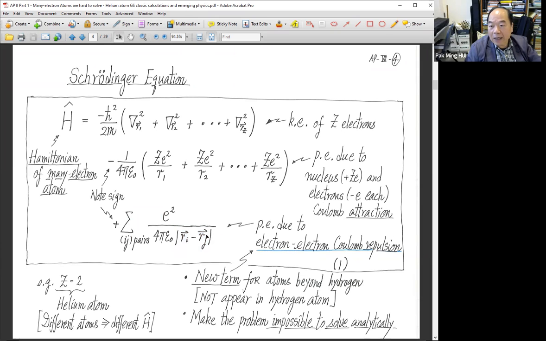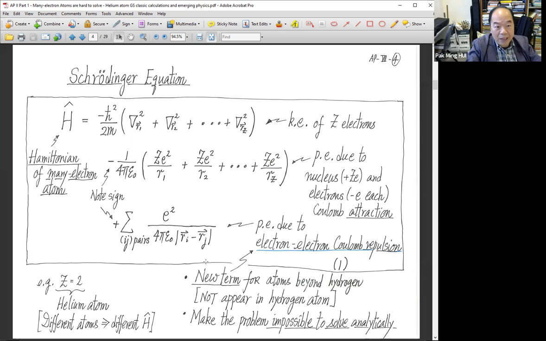And then there are Z times (Z minus 1)/2 pairs of electrons. They interact pairwise, right? So this sum means sum over these pairs, okay? So now we have the Hamiltonian. So do you understand what this Hamiltonian is?